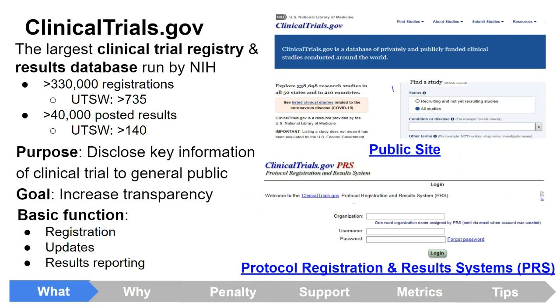This is where the responsible party registers and posts results. So this is very much like an ERB system. The goal is to increase transparency and reduce publication bias. The three basic functions are for the investigator to register the trial, update the trial, and report the summary results in tabular format.